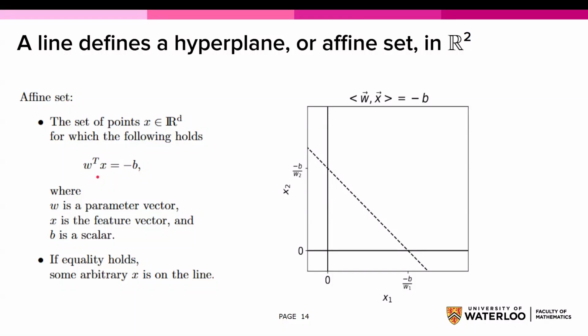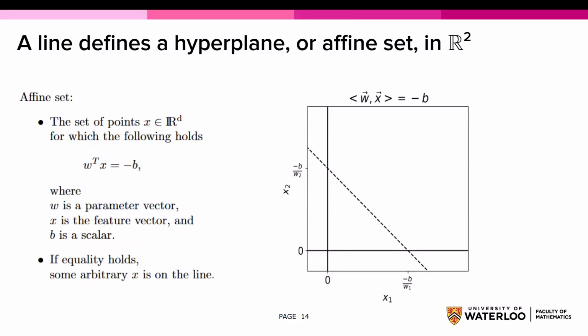This means that we do a weighted sum of the elements of the feature vector, where the individual weights are the parameters. So if this equation holds for some arbitrary x given the parameters of our model w and b, then this x is on the line, or part of an affine set.